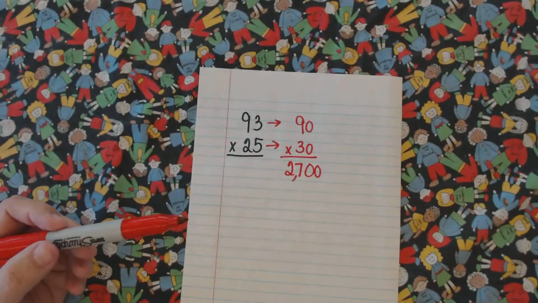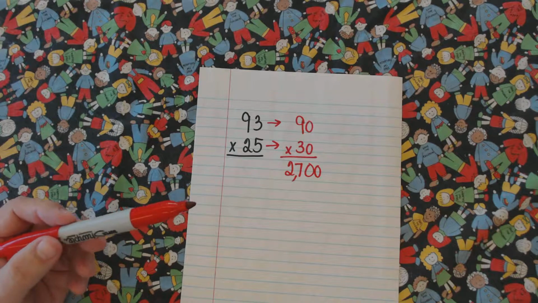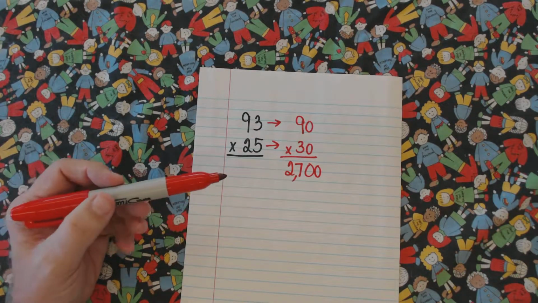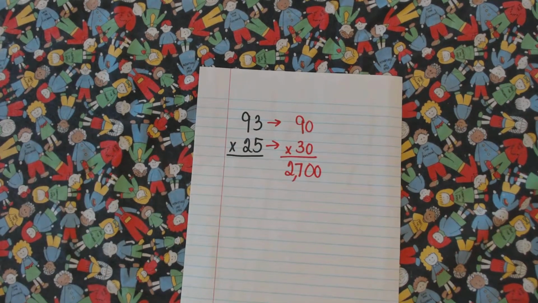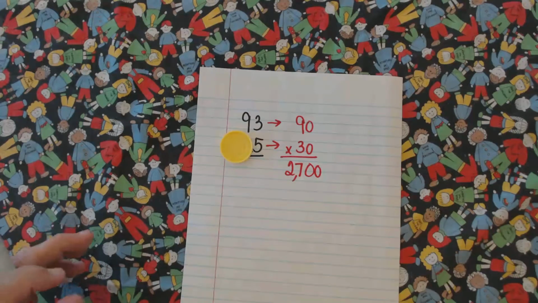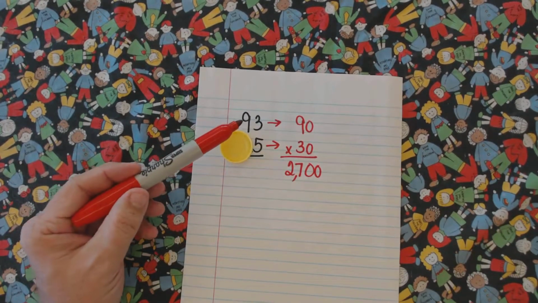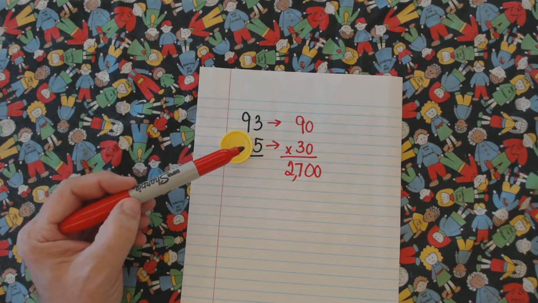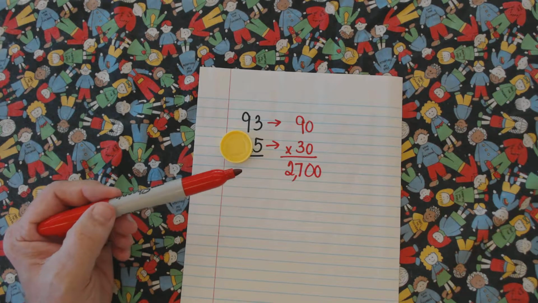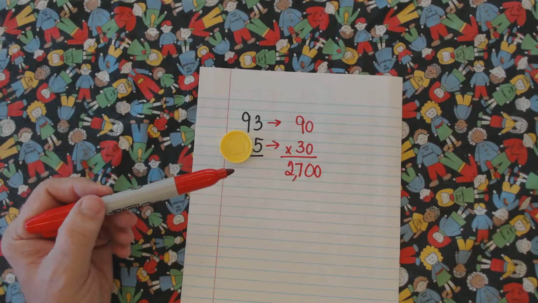Instead of drawing area models and instead of doing partial products, we are now going to approach this in the traditional manner. So I like to teach the students to just kind of cover up the 2 there. And what we see now is 93 times 5, which they should be able to multiply because we learned how to do that in chapter 2.